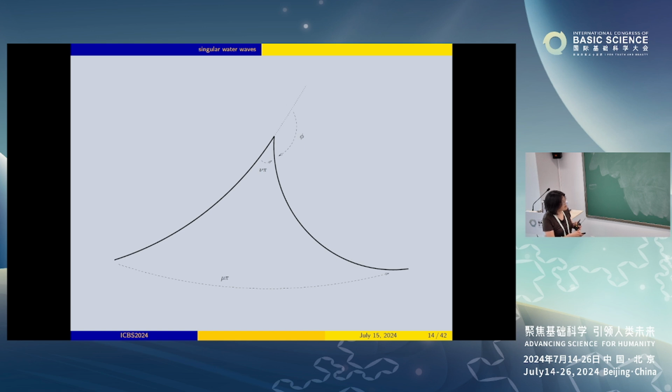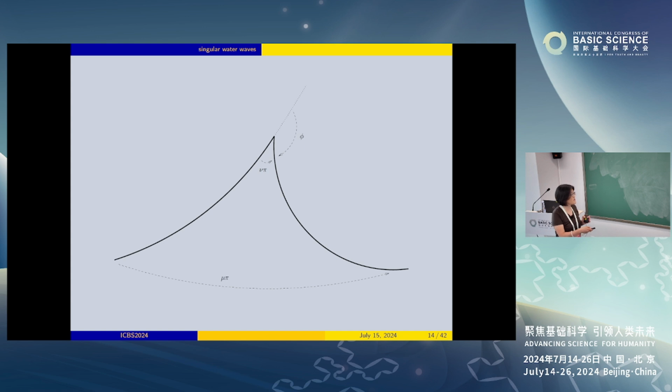Where does this concavity come from? This is really because of the Taylor sign condition. Positivity of the second derivative, and the Taylor sign condition is somehow related to the second derivative of the interface. So the concavity is due to the Taylor sign condition holding, and the interior angle has to be no more than 90 degrees.